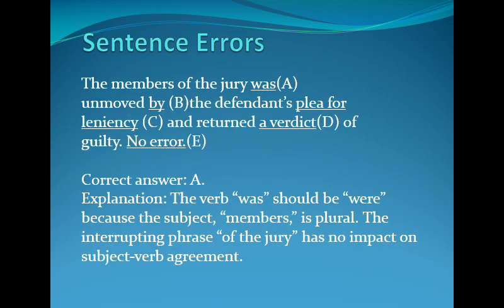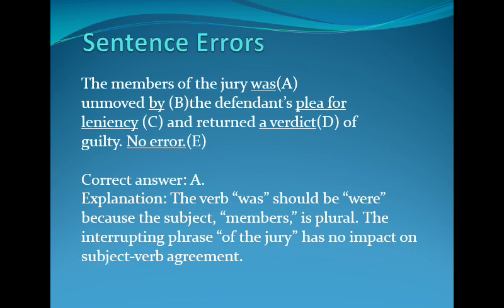Let's have a look at one more type of question. The members of the jury was unmoved by the defendant's plea for leniency and returned a verdict of guilty. Now here you can see that the error lies in A. This is purely a subject-verb agreement question.